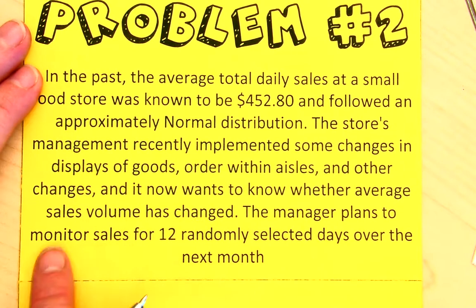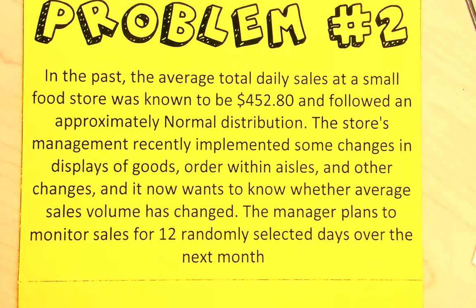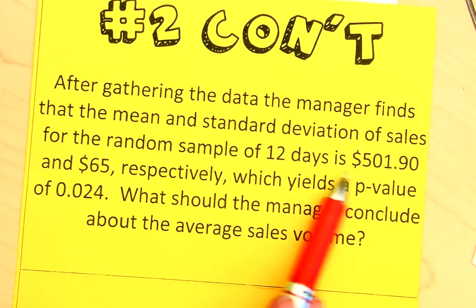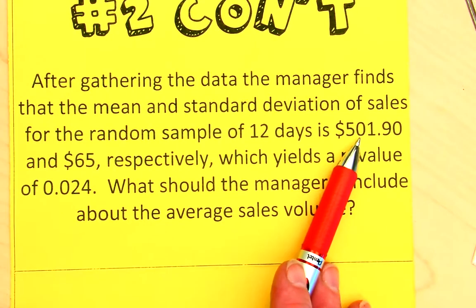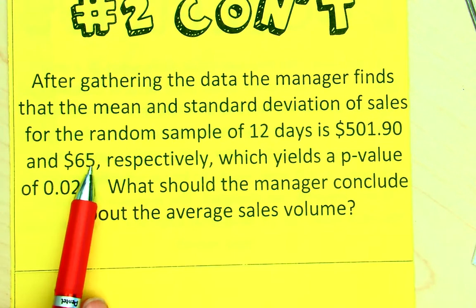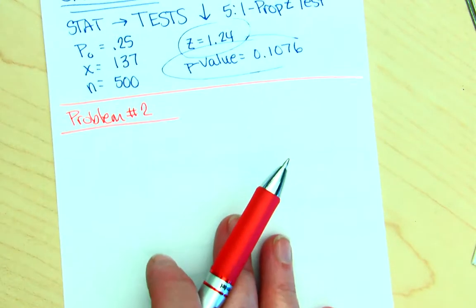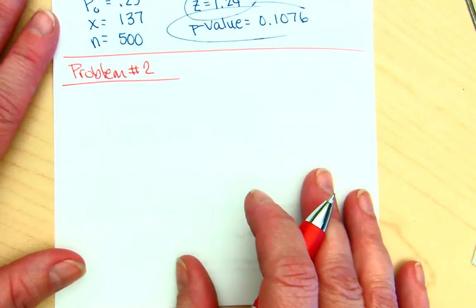The manager plans to monitor sales for 12 randomly selected days over the next month. After he gathered that information, he found the mean of his sample to be $501.90. Standard deviation is 65. And here's the p-value he came up with. Okay, so we're going to work through this by hand, and then we'll do it on the calculator.